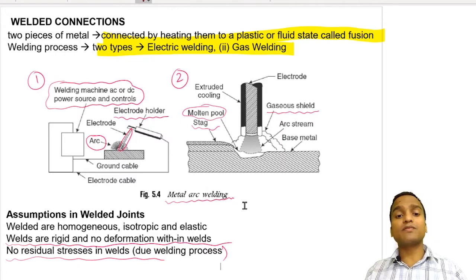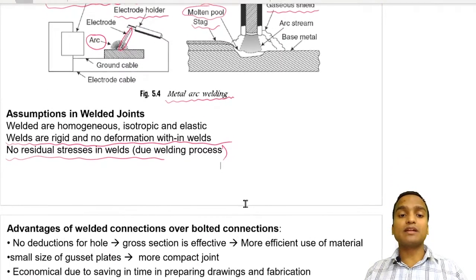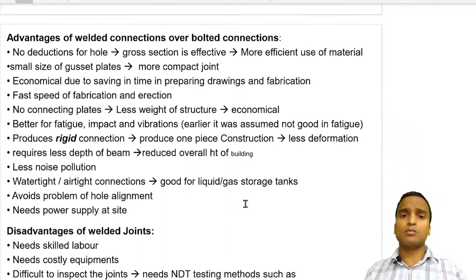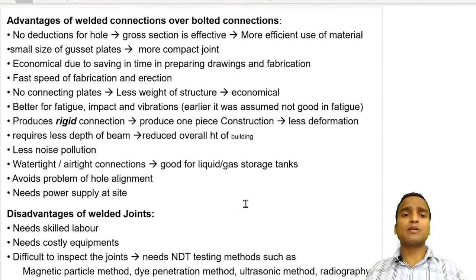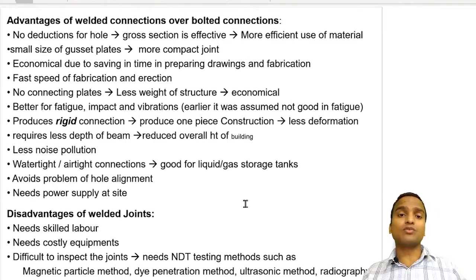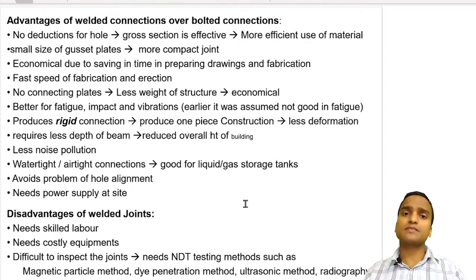Now there are several benefits of welded connections over normal bolted connections. That's why people prefer welded connections most of the time. Nowadays welded connections have mostly taken over from bolted connections, isn't it? There are a lot of advantages.